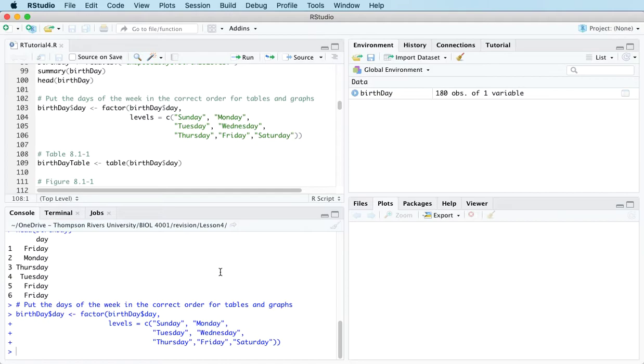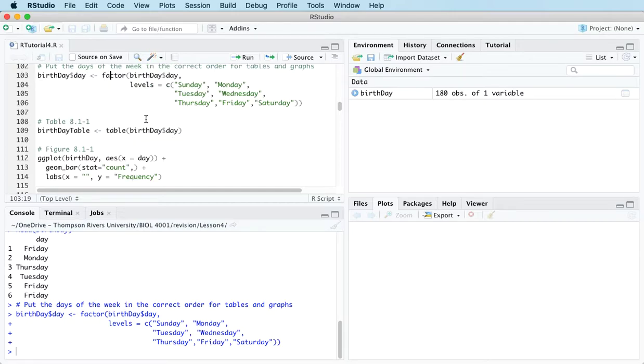So this is a very common first step when you've got categorical data: create a factor, specify the levels, and put the levels in whatever order makes sense for your particular application.